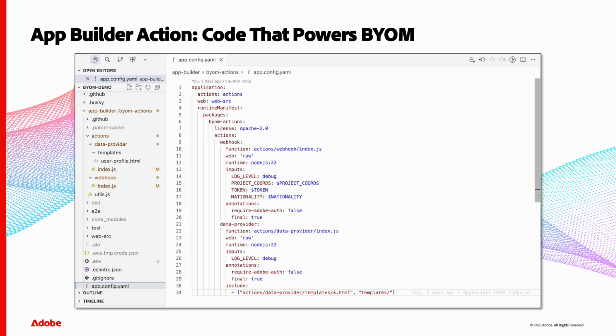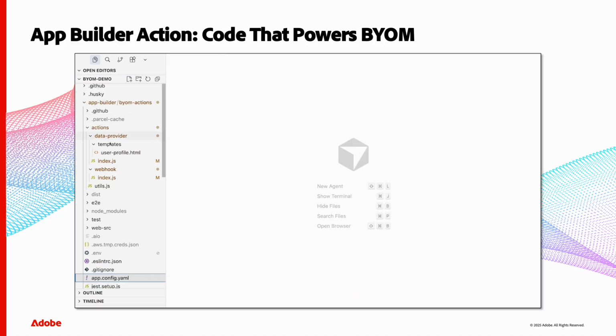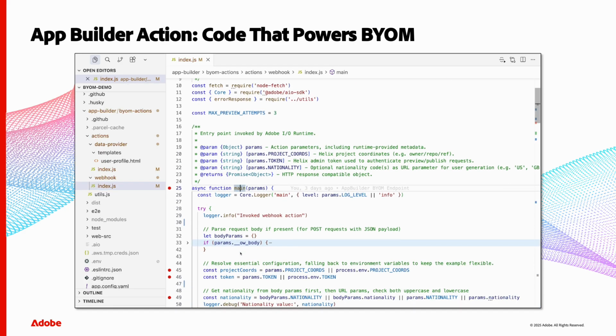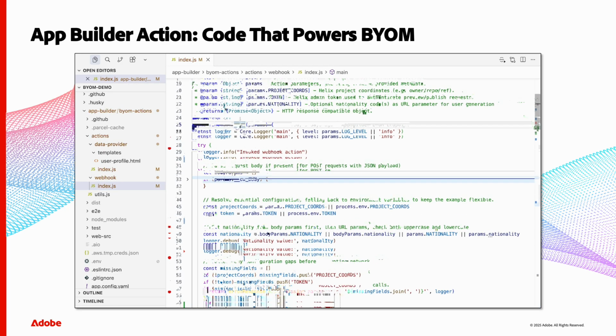Next, we'll step into the webhook's orchestration. Therefore, we'll close the config, open the webhook index.js, and dive right in. This action orchestrates preview and publish and forwards a simple parameter, nationality, to the data provider. The entry point for this action is the main function, where we have set up some logging.